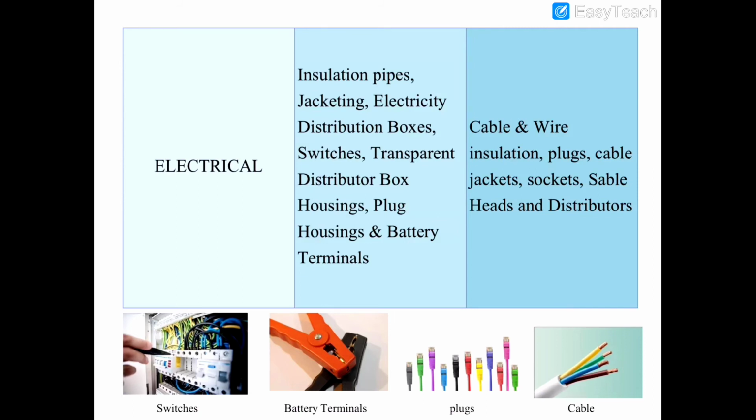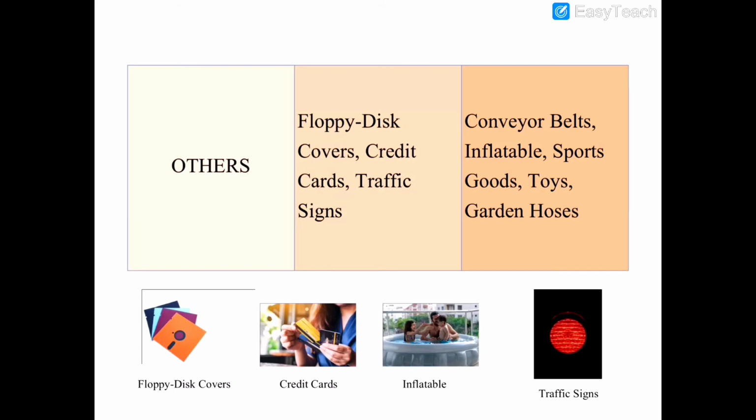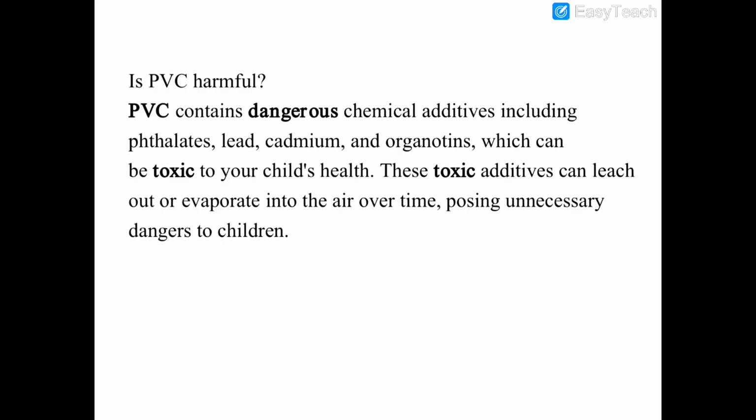Electrical applications of PVC are the manufacture of insulation pipes, jacketings, electricity distribution boxes, switches, plug housings, battery terminals, cable and wire insulation, cable jackets, sockets, cable heads and distributors. Other applications are various floppy disk covers, credit cards, traffic signs, conveyor belts, inflatables, sports goods, toys, garden hoses, etc.